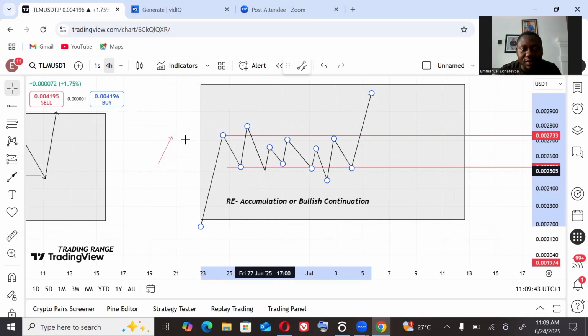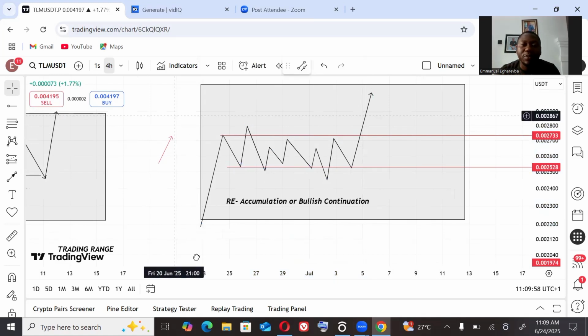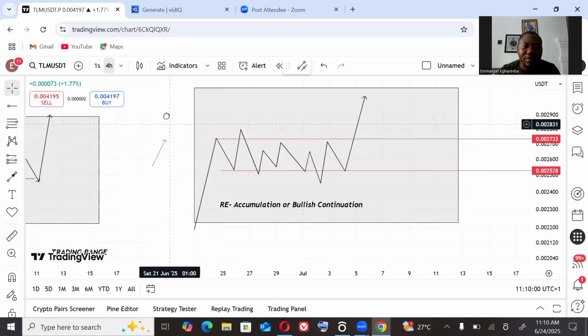Now, after that, we want to see a change of character that sweeps all the lows. This is my favorite reaccumulation strategy in a bullish trend.